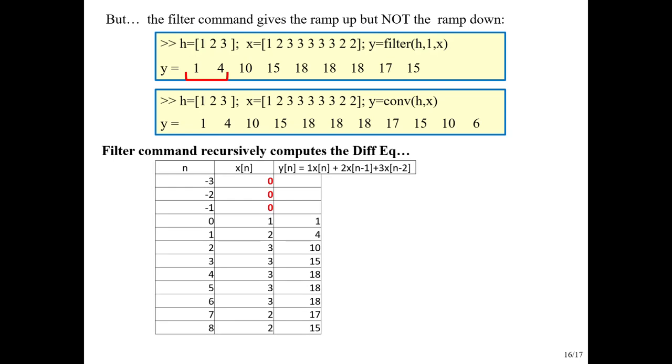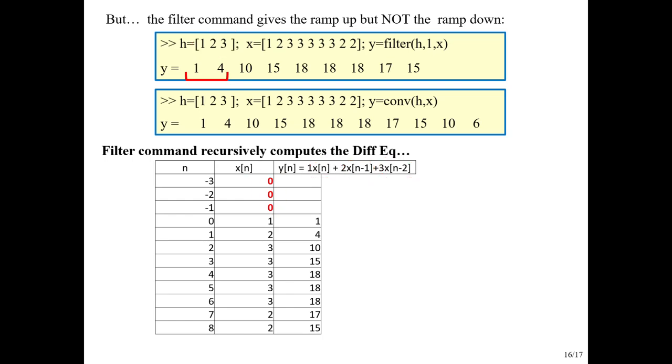And now I'm just showing you here what the filter command really does. It just recursively computes the difference equation. So for this, it's a simple 1 on x of n, 2 on x of n minus 1, and 3 on x of n minus 2. And here's our input. We're assuming zeros prior.